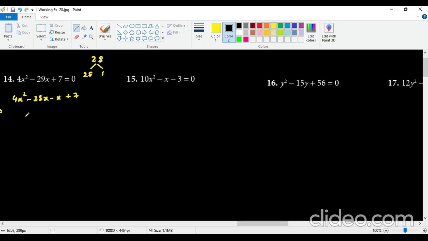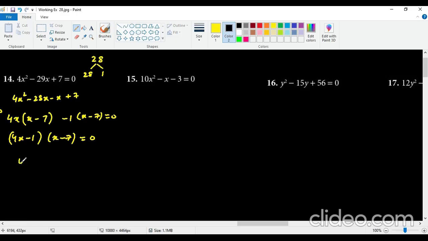So in the first one I can see that 4 is common, 4x is common in fact, and multiplied by (x - 7) is going to be the first factor, and x minus 7 I'll repeat once again, and already we have x, so multiply by minus 1. So (4x - 1) and (x - 7) are going to be the two factors for question number 14.